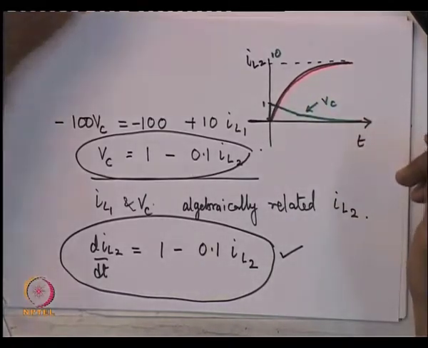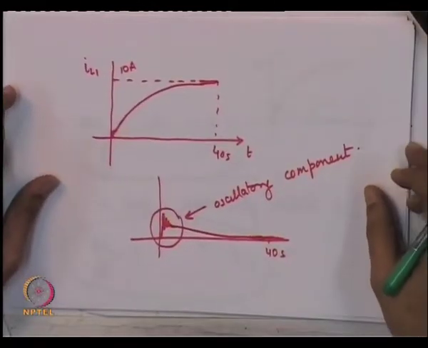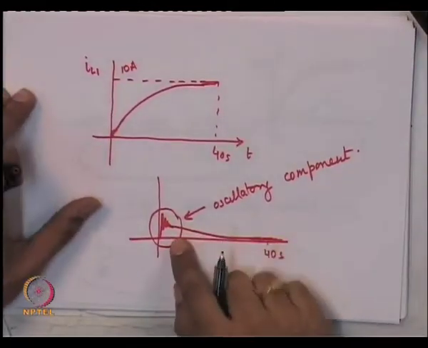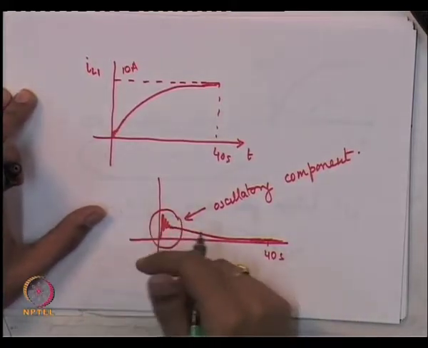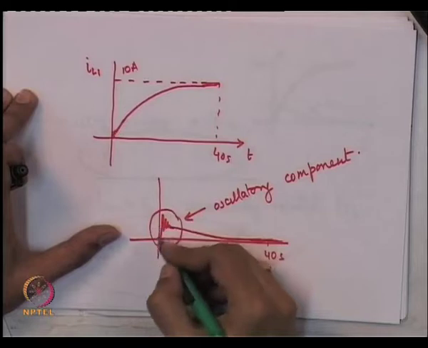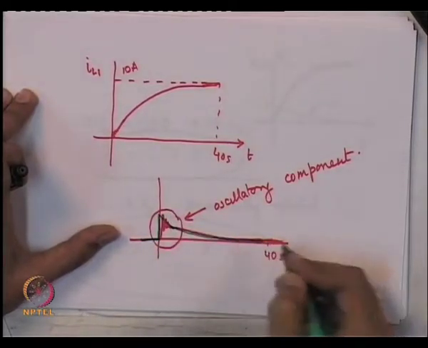Now, if you look at we had drawn these responses before, if you consider the whole system in its full glory, you have got this. If you make the approximation which I made, you will get this.